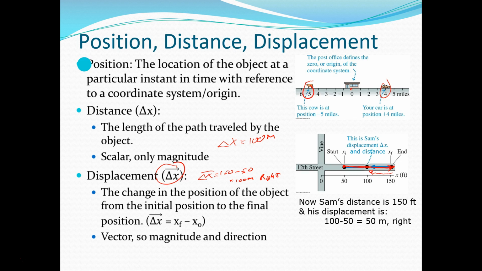Well, in this case, my total distance is the total length of the path traveled. So that's going to be the 100 feet plus the 50 feet. So my distance is 150 feet. However, for displacement we only care about my final minus my initial. My final position is 100 feet and my initial is 50 feet. So in this case, my displacement is going to be 50 feet to the right.